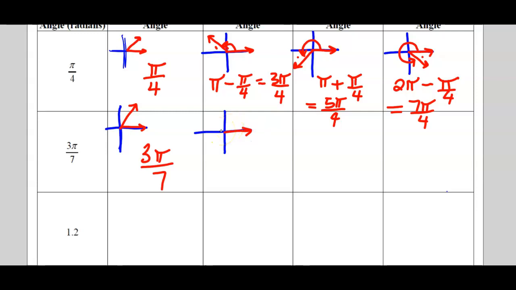Okay, so reference angle of 3 pi over 7, so that's going to be the reference angle. So now our standard position angle will be pi minus 3 pi over 7. So with a common denominator, 7 pi over 7 minus 3 pi over 7 is 4 pi over 7.